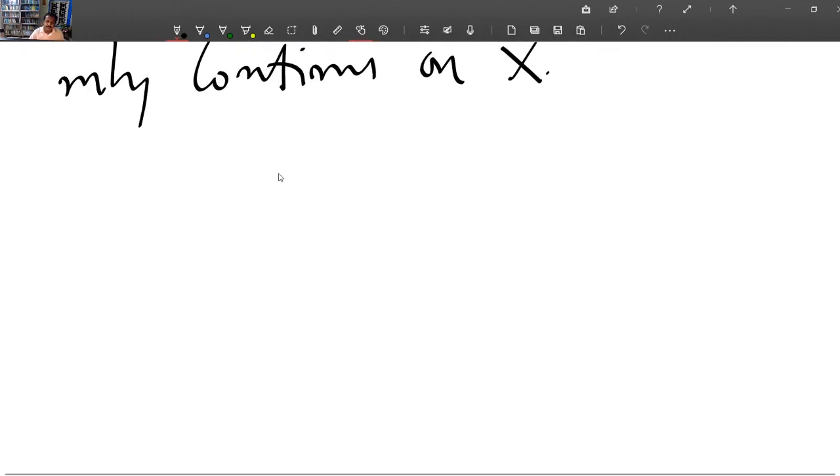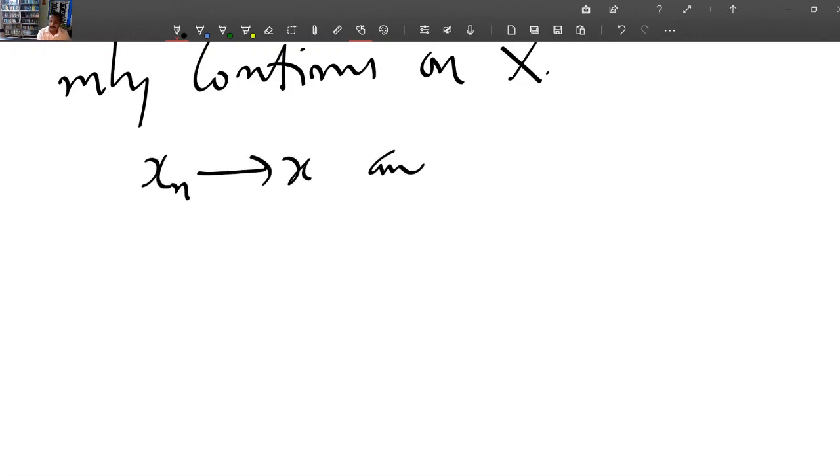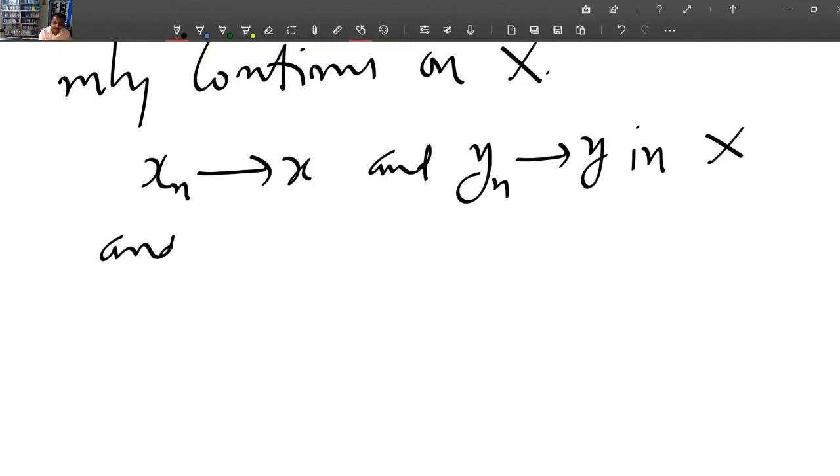Further, suppose xn converges to x and yn converges to y in X, and kn converges to k.